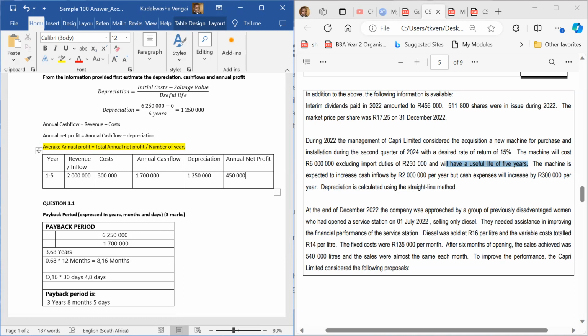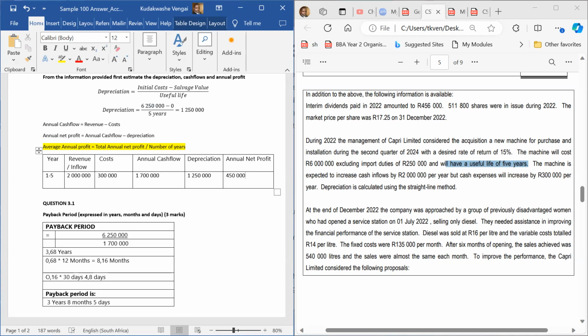Right? So because this organization is receiving the same amount each and every year, I do not need to calculate an average. However, if for year number 1, I have 450, for year number 2, I've got 530, for year number 3, I've got 300 and whatever.